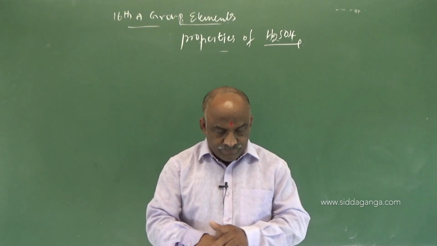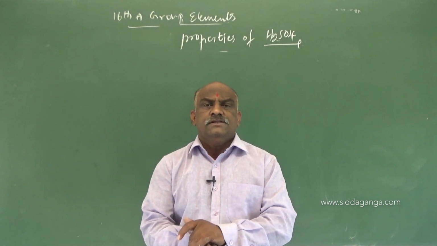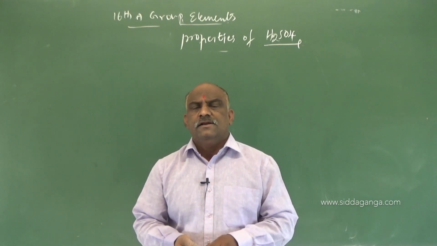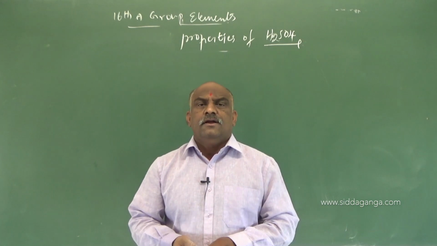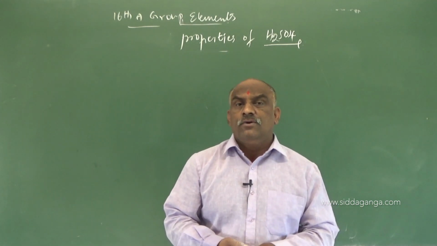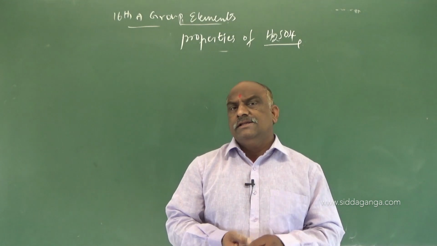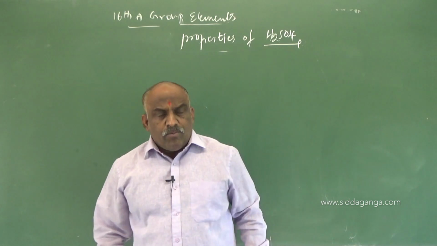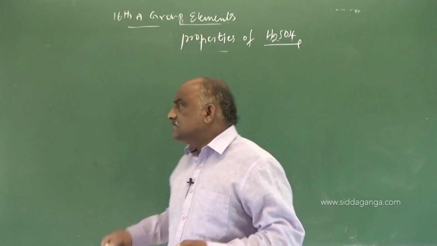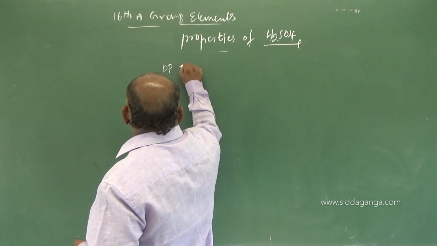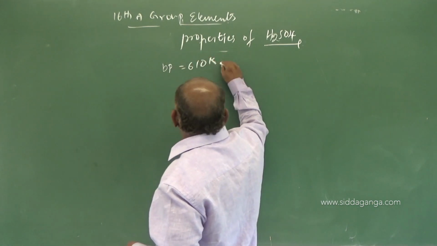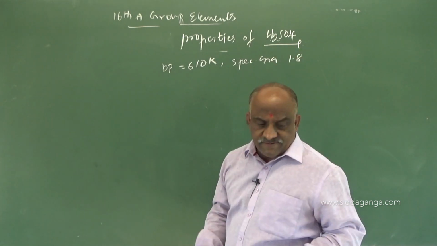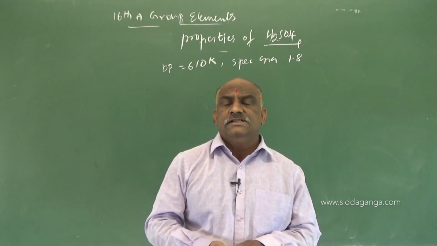Sulfuric acid is a highly dense, colorless oil, and its specific gravity is 1.84. In your text it is there; underline these points. The boiling point is 610 kelvins, and the specific gravity is 1.84.